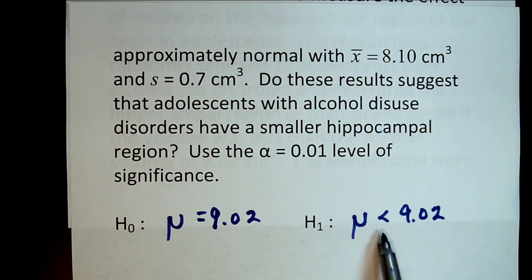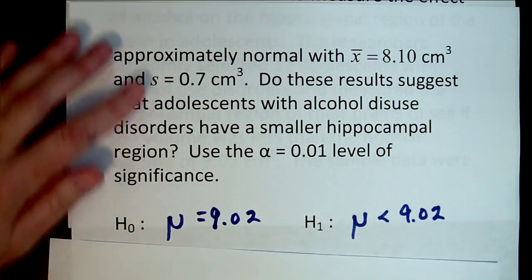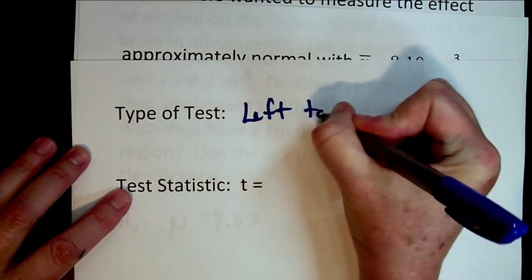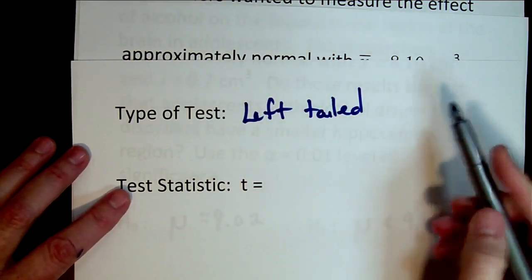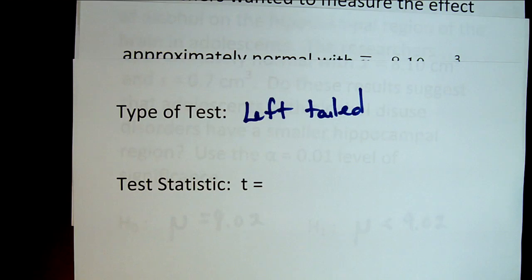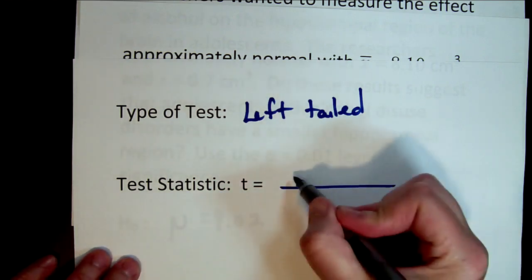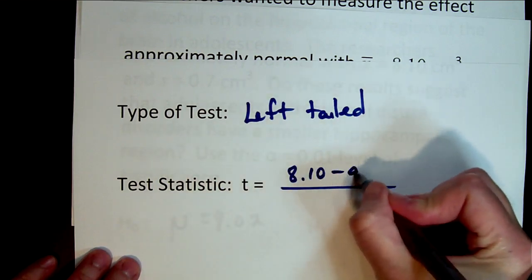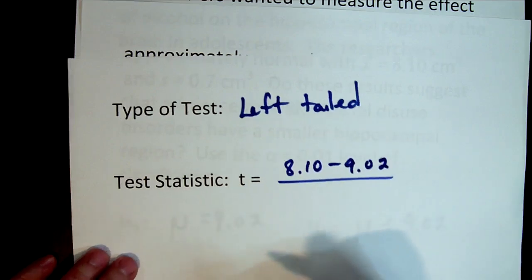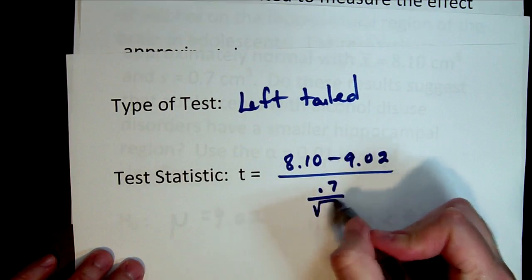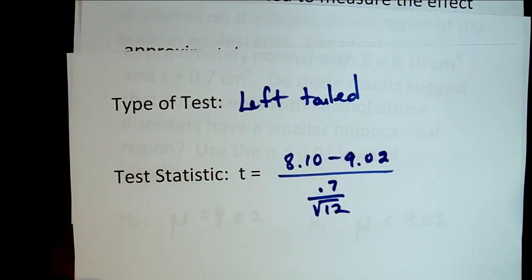Since our alternate hypothesis is a less than, that means the type of test is going to be a left-tailed test. That's because less than stuff is to the left on the number line. Our test statistic is a t, so it's the sample mean minus the assumed population mean divided by standard deviation, which is itself divided by the square root of the sample size.